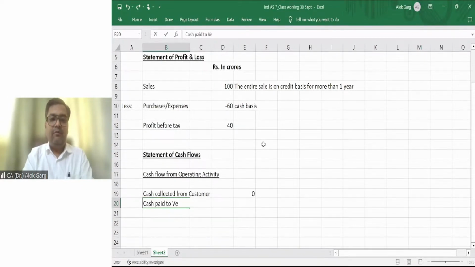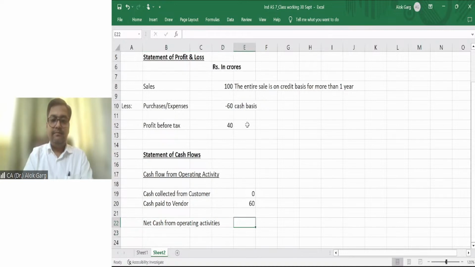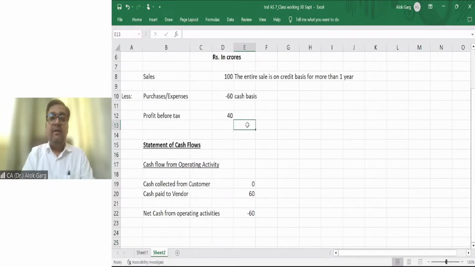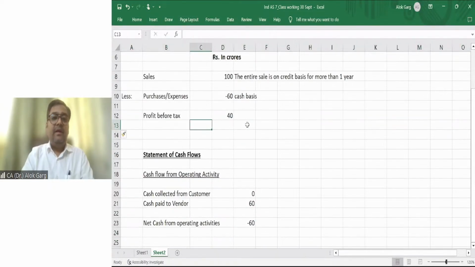Cash paid to vendor. This is 60. Cash paid to vendor 60, right? So my net cash from operating activities is negative 60. And even the company would have paid taxes on this, right?